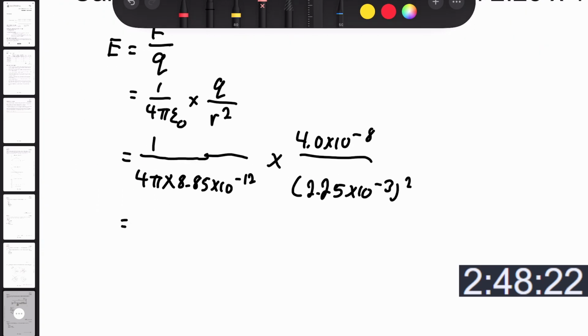So then we have 1/4 pi 8.85 times 10 to the negative 12 times 4.0 times 10 to the negative 8, over 2.25 times 10 to the negative 3 squared.